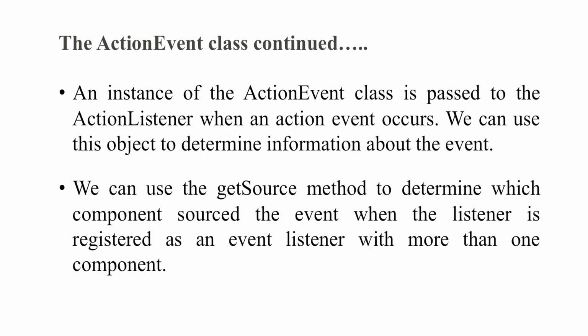Action event is passed to the action listener. One instance of the action event class is passed to the action listener when some action event occurs. Then we use the getSource method to determine which component is the source of the event, since the listener is registered with more than one component.